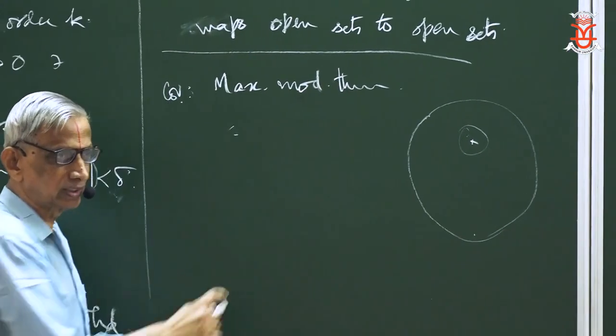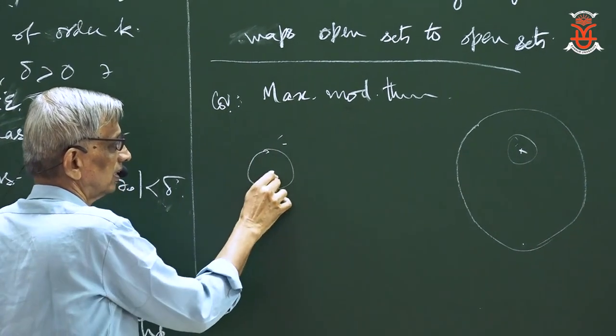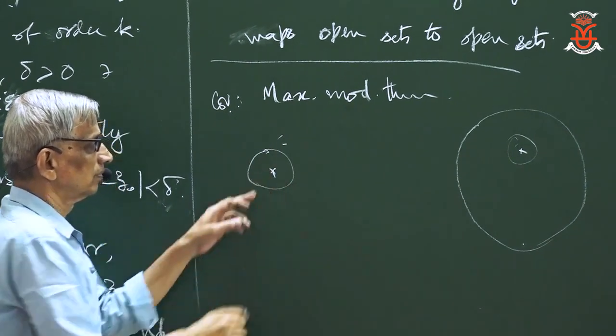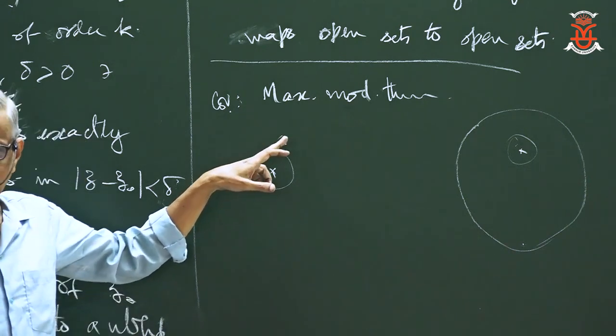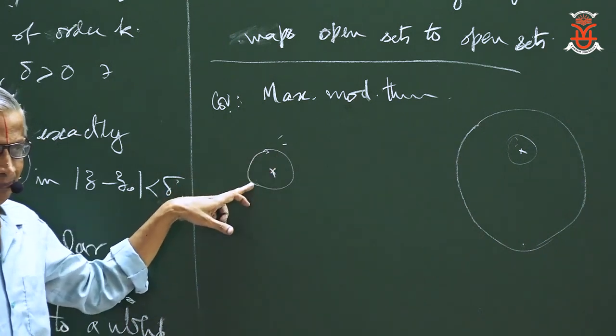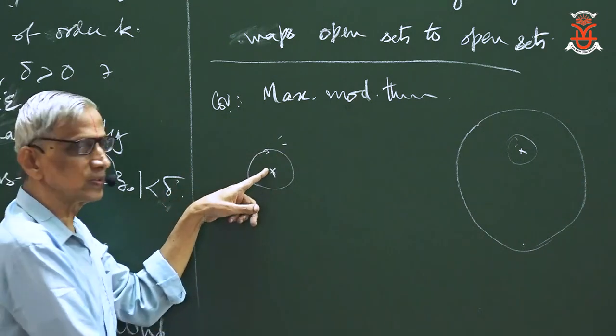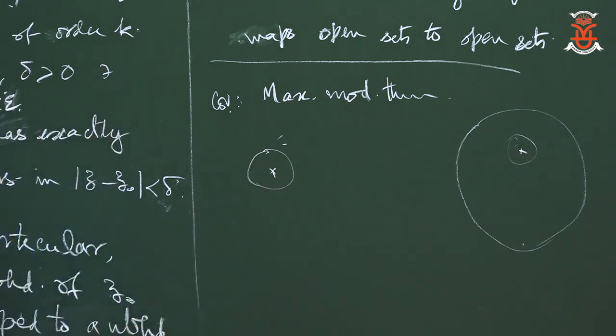Local maximum means what? In a disk around z naught, if a function has a local maximum at z naught, mod f(z naught) is the maximum. Mod f(z) is less than or equal to mod f(z naught) for every z in that disk.